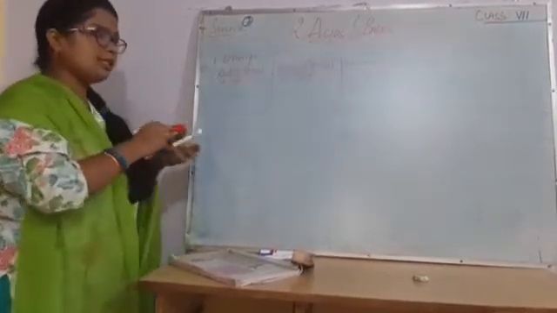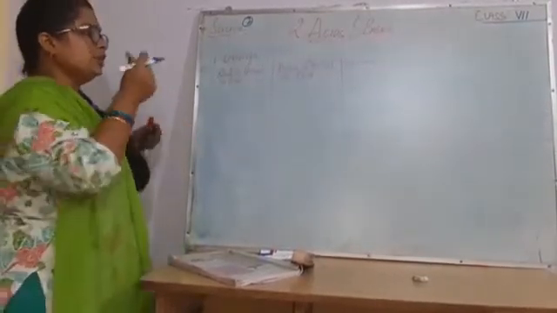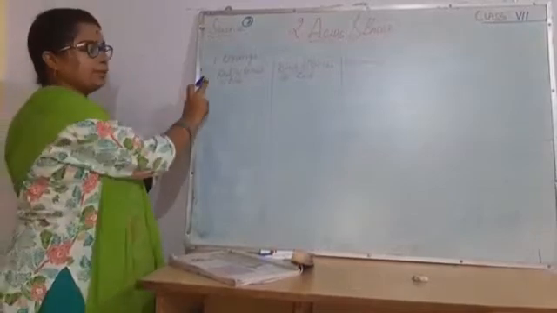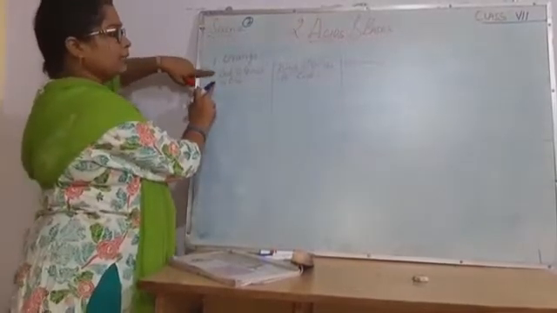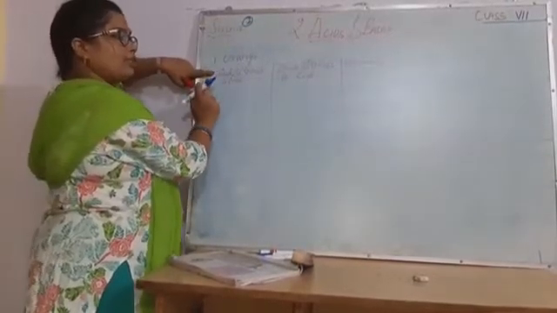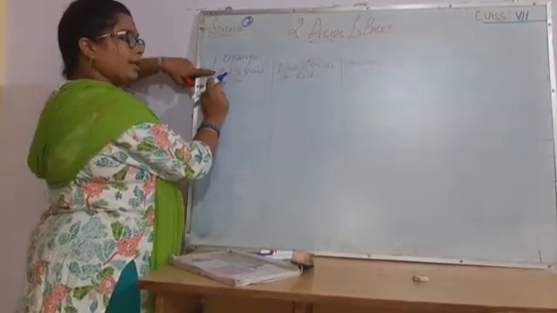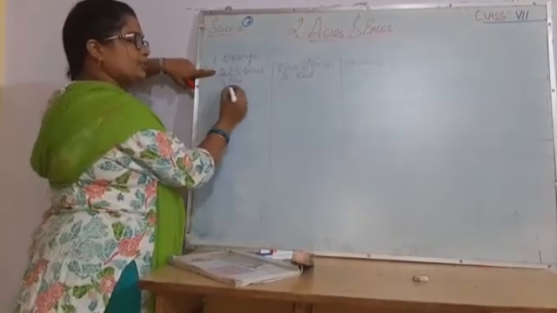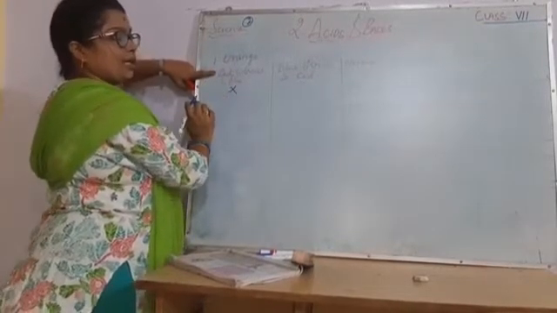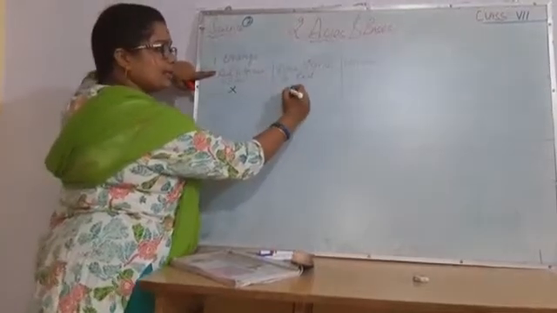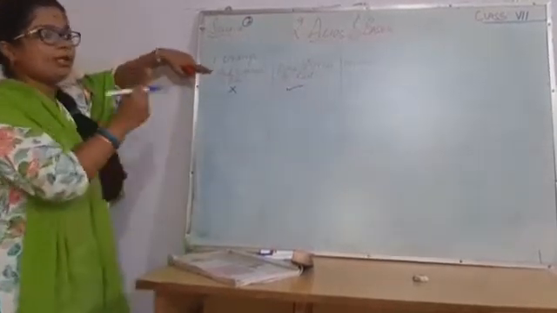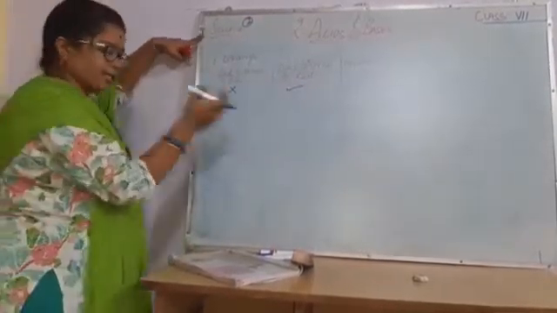You are supposed to take red litmus paper, put it on orange, and see which color it changes. If you put red litmus paper, it does not change any color. If you put blue litmus paper, yes, it changes. Next one.